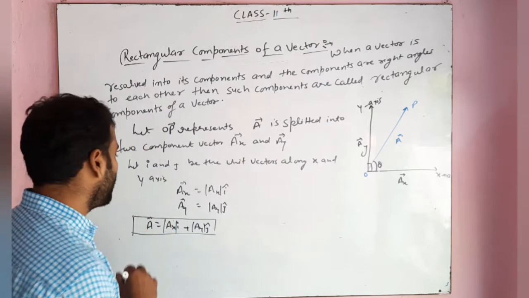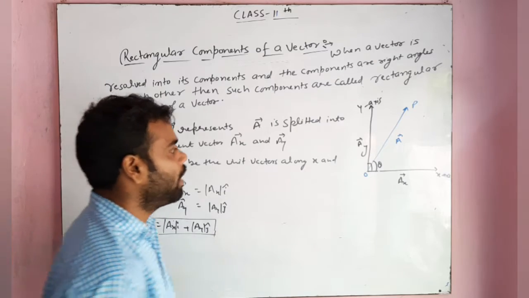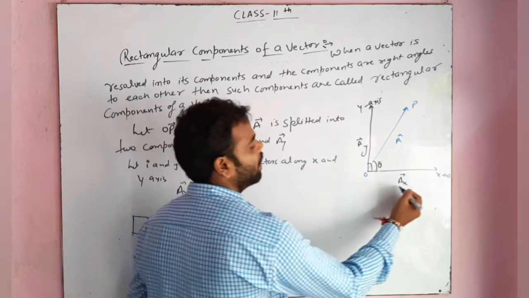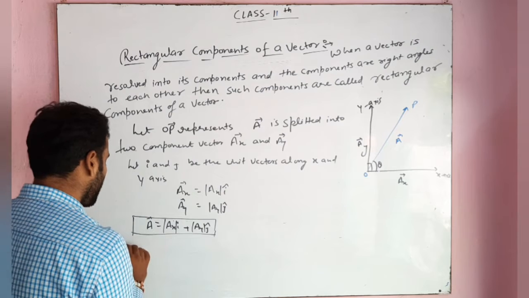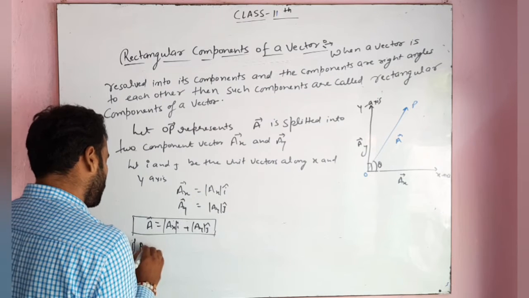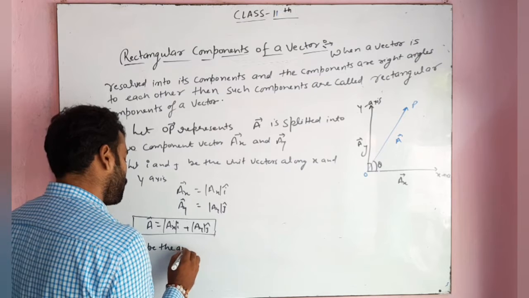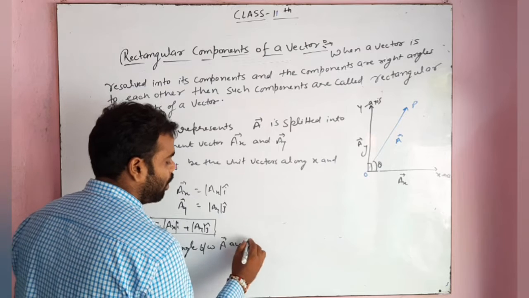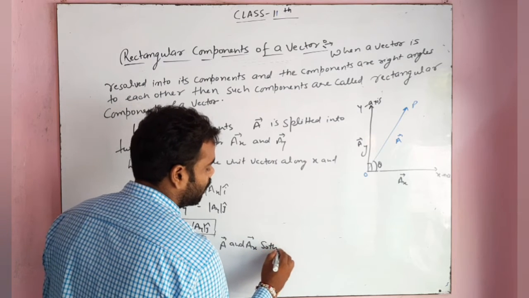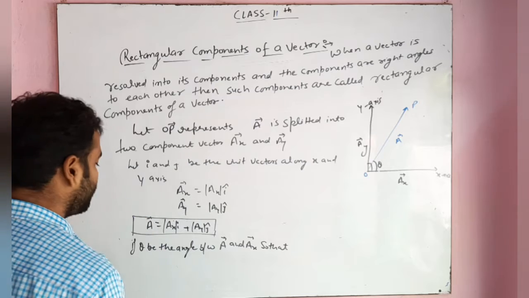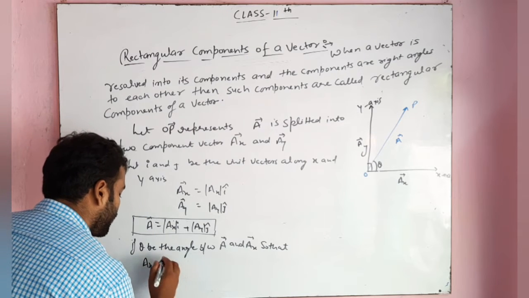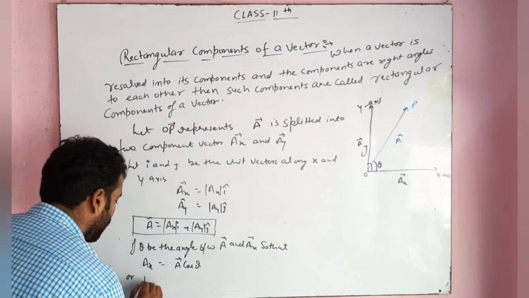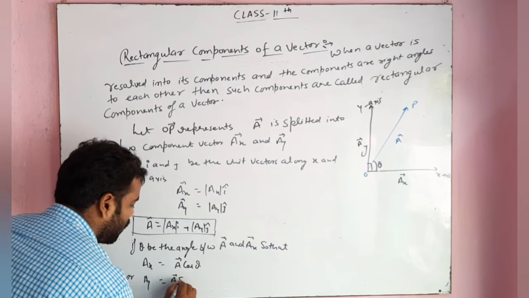Or another type of representation is that if this vector A is making an angle theta with the component vector Ax, then theta is the angle between vector A and Ax, so that Ax can be written as A cos theta and Ay can be written as A sin theta.